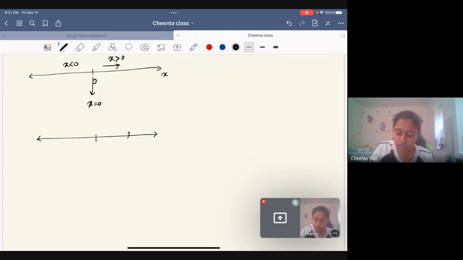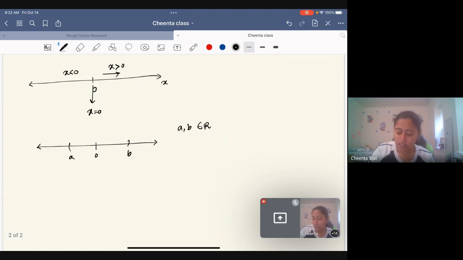Okay. So say there is an interval from A to B. Okay. Whatever A and B belong to, say, the real numbers. Okay. So how can I write this? That x is a number in between A and B. Okay. It's a set of numbers which take a value in between the range A and B.